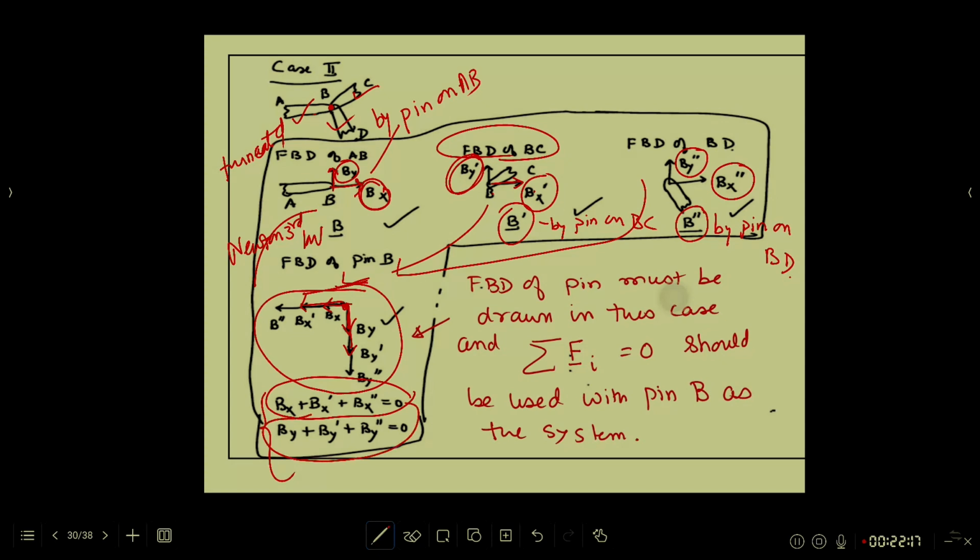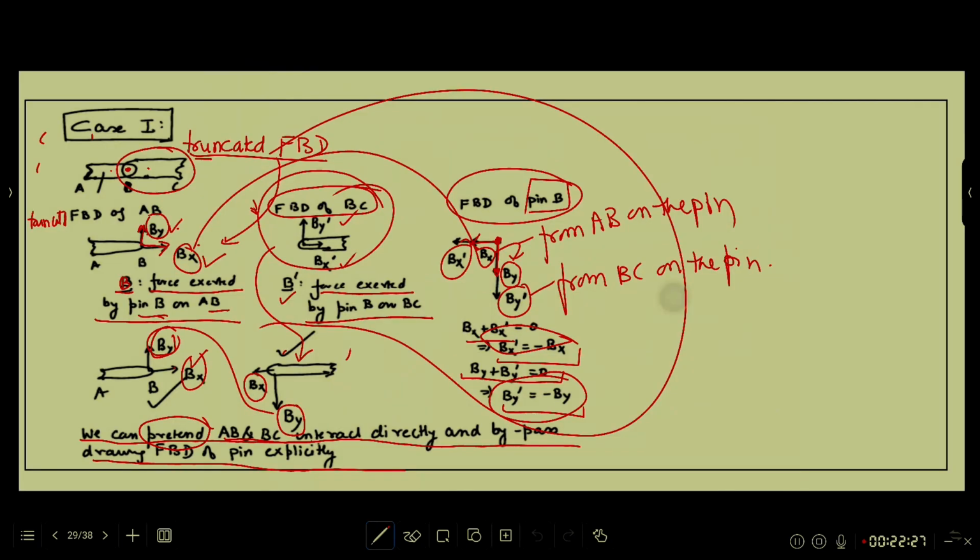I drew the FBD of the pin, I got the right conclusions, but then I said those conclusions can be drawn anyway if I pretend AB and BC were interacting directly. You will still get the right answer. Here, there is nothing to pretend. You will have to deal with FBD of pin B and relate the three scalars in this manner.